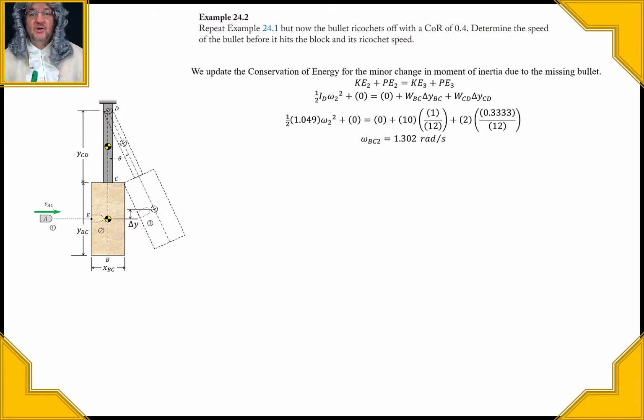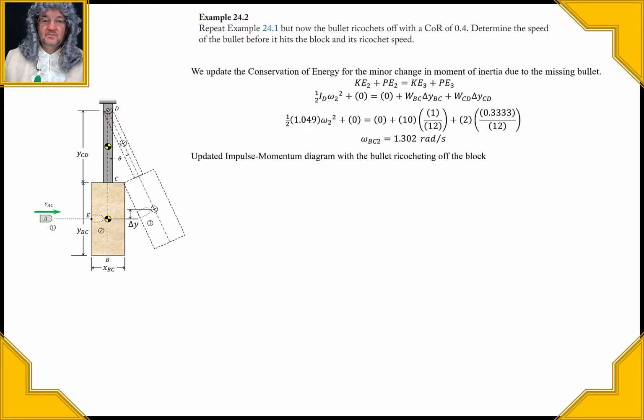I'll take it back. We don't have to worry about the bullet, because in state 2 the bullet has bounced off. That's when, in state 2, the block and rod together move as one, and they start to swing, they have an angular velocity, and then they're eventually going to stop at state 3.